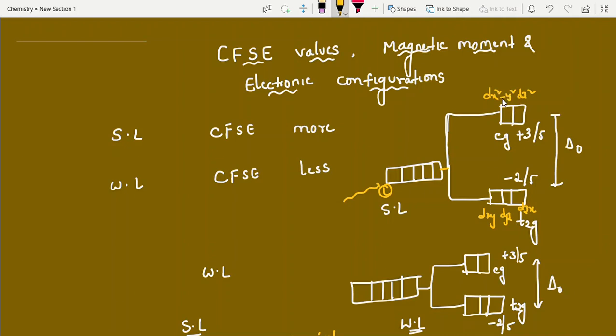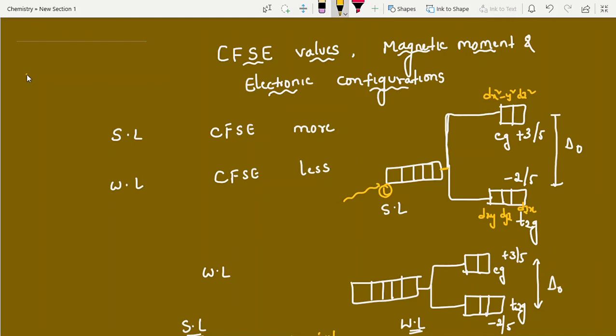Along the axis the ligand is approaching, that is the reason the eg set has more energy and more repulsion. So the result is that the eg set has higher energy and the t2g triplet has lower energy.